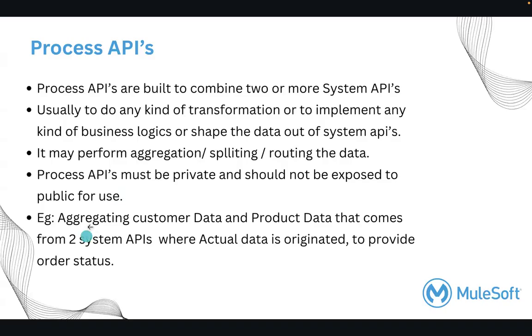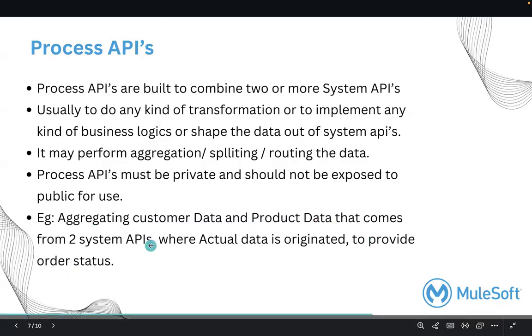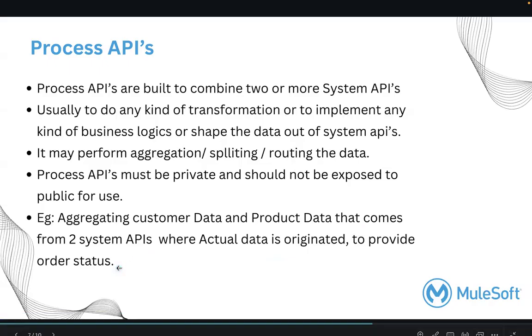For example, aggregating customer data and product data that comes from two system APIs, where the actual data originated, to provide order status. We are just filtering out the particular data we want to show to the end user.